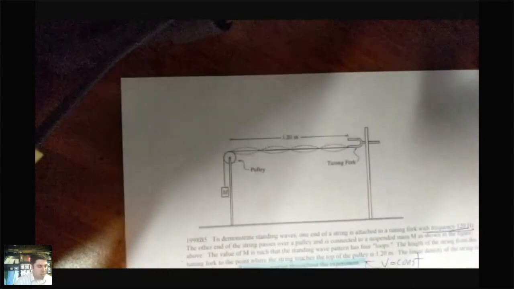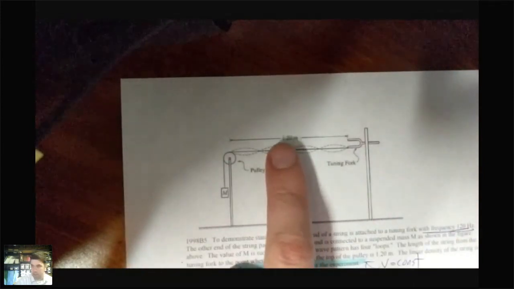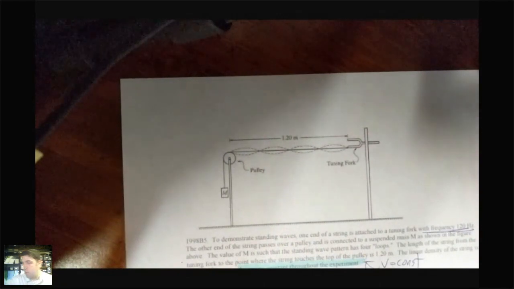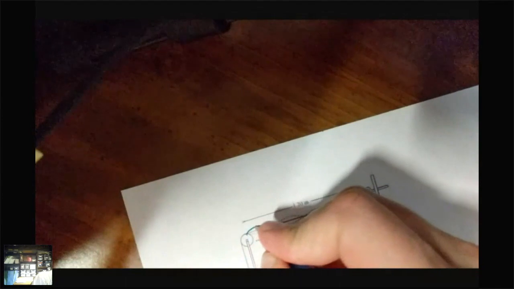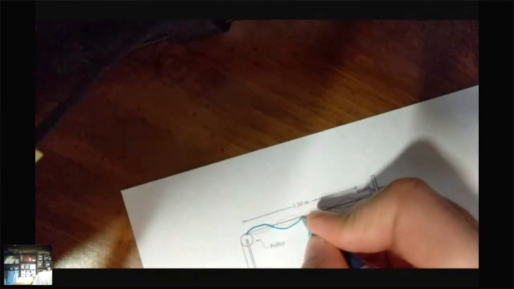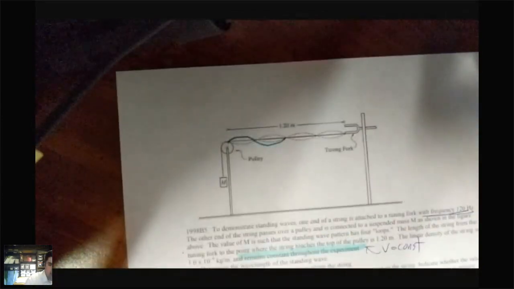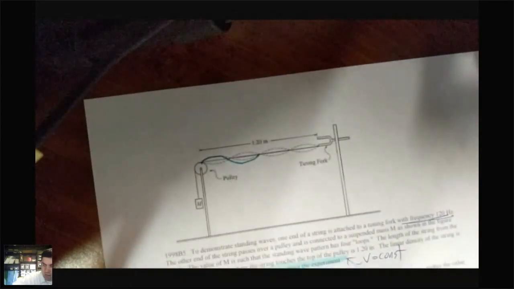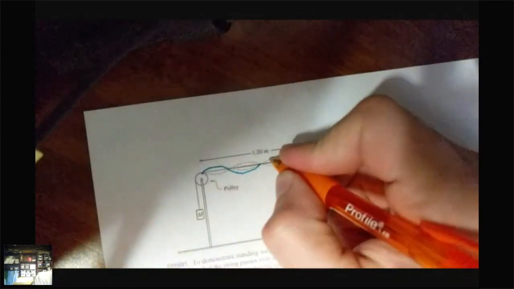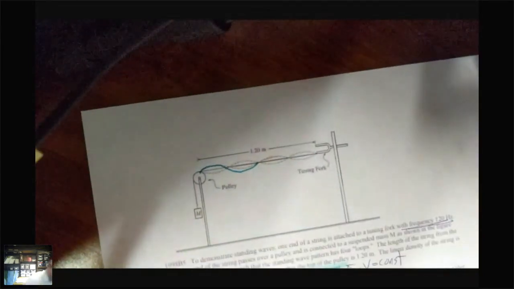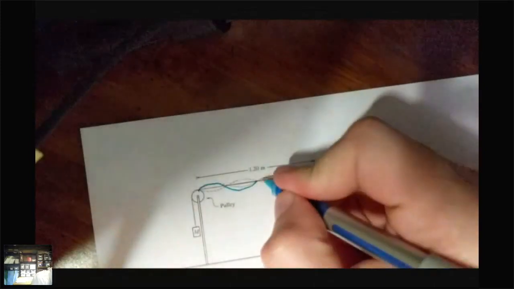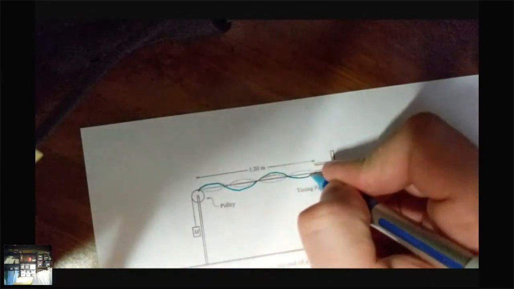So if I can't use the equation to find wavelength, how can I do it? Well, there's a reason they gave us this distance here. So how many waves are shown in this picture? Let's trace it. Remember, a wave is an up, a down, and up. So there is one wave right there. And we can continue on doing another up, down, up.